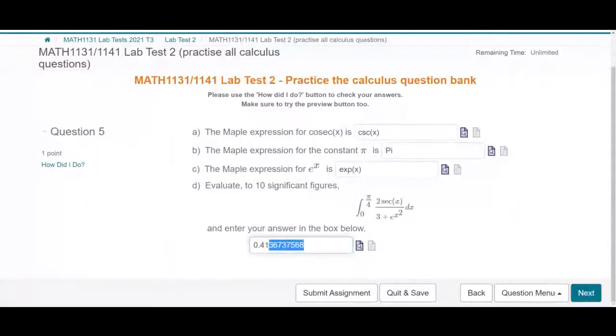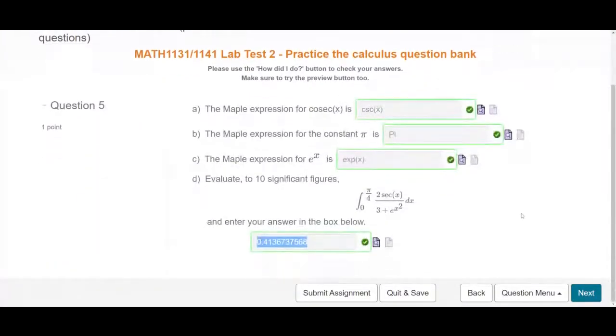Okay, so let's go back to Maple and to the Mobius, sorry, and let's see what's happening there. Okay, so I've copied and pasted down there. How did I do? Oh, gosh, not making any mistakes today.